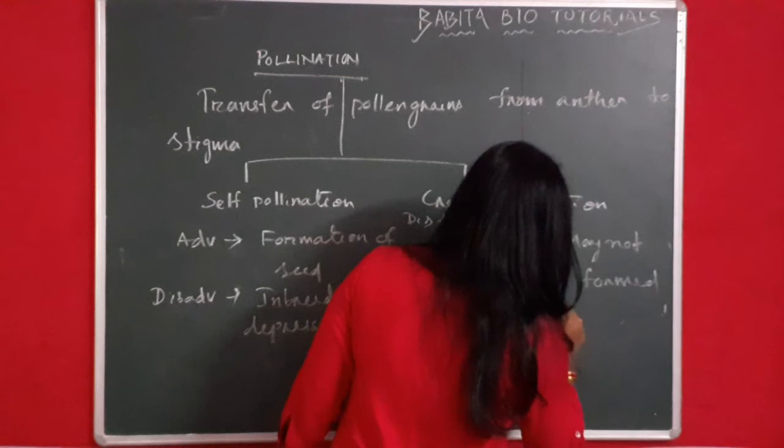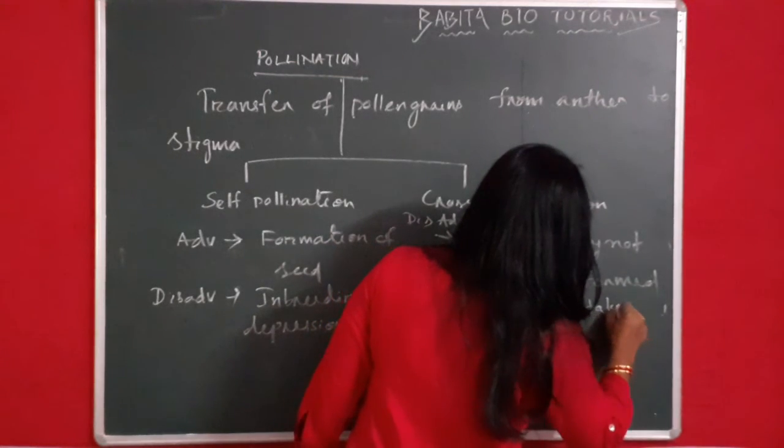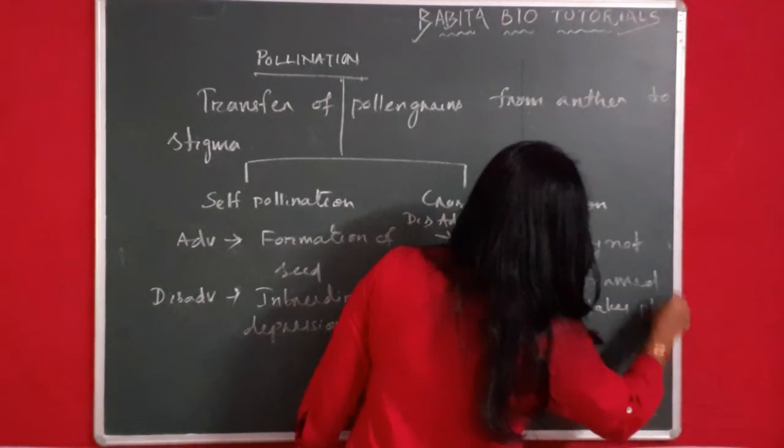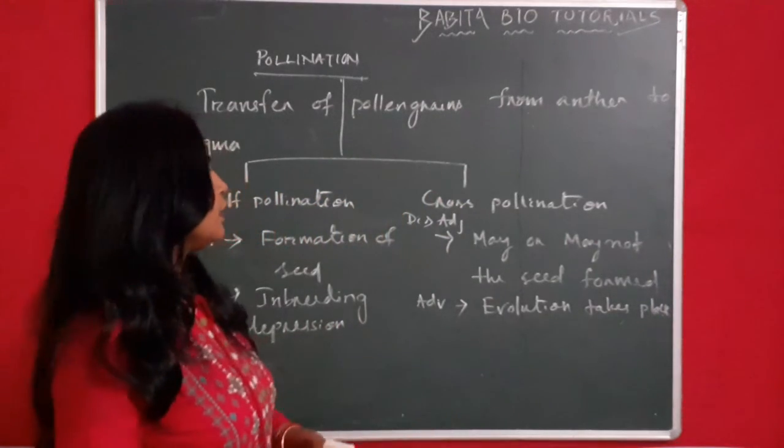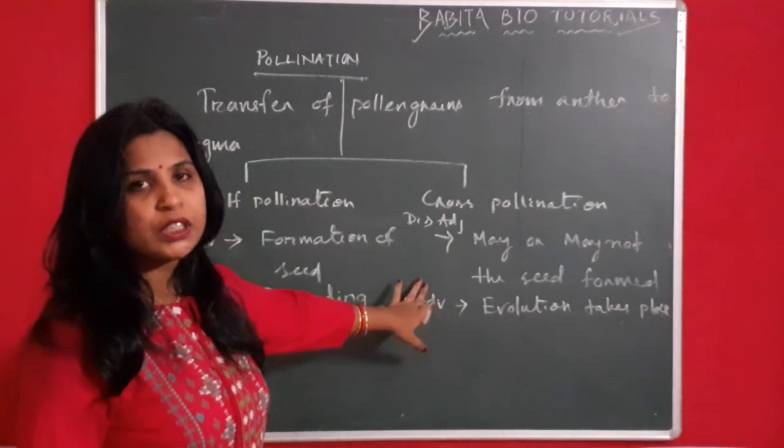Evolution takes place. This is the advantage of cross-pollination.